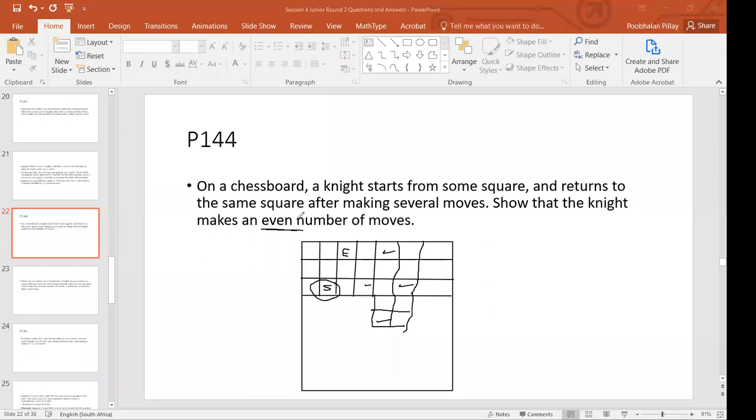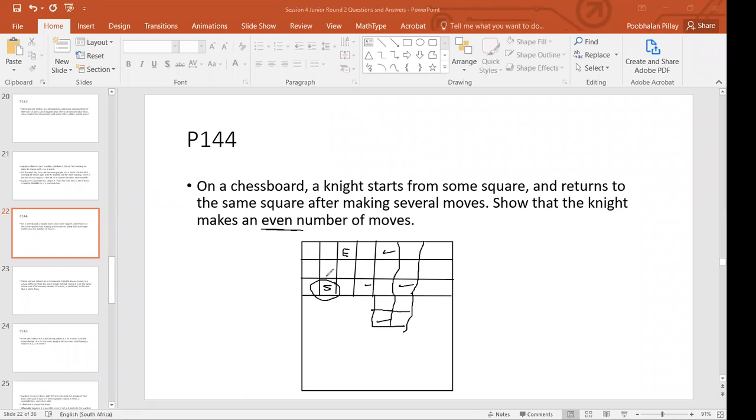So when the knight moves a certain number of moves away from where it started, it has to move the same amount of moves to end up back where it started. So if it makes 2 moves, it has to make 2 more moves to get back to where it was. How do you know? It's not just 2 more moves. You can have several more moves.